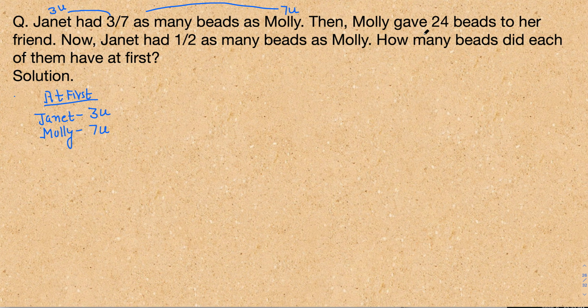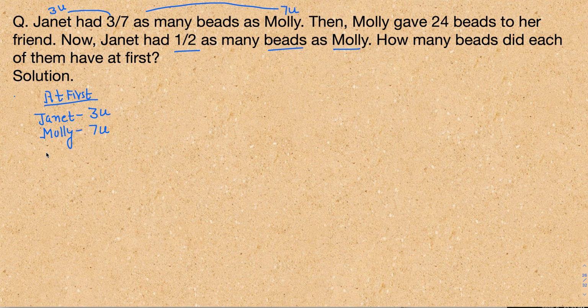Now what happened? Molly gave 24 beads to her friend. After giving some beads to her friend, now the ratio changes. Now the fraction changes. Now Janet had half as many beads as Molly.